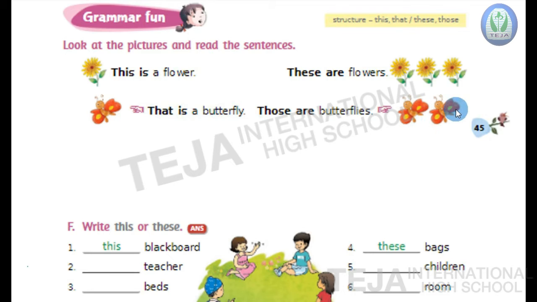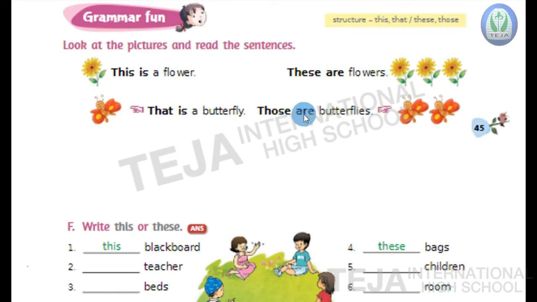Whereas here two butterflies are there, so we are using those. Here even is will change to are, as it is a plural form. So here only one butterfly is there, that's why we use that is a butterfly. Whereas here two butterflies are there, so we use those.